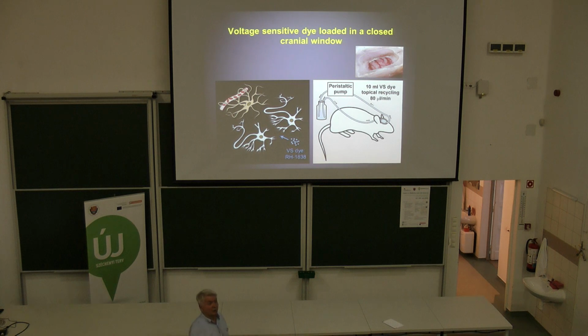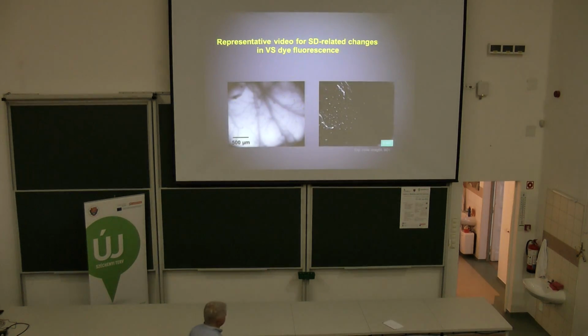So in this case, we don't use single electrodes, we use a dye which is reflecting the changes in the local field potential. This is a movie about it, and you see that there is a depolarization wave traveling through the brain surface.